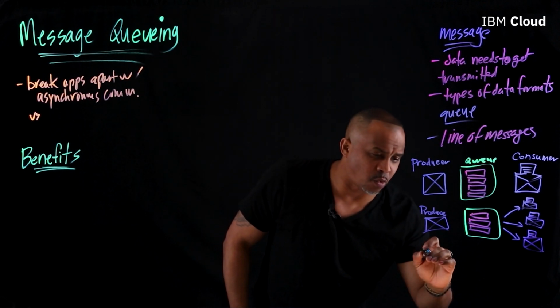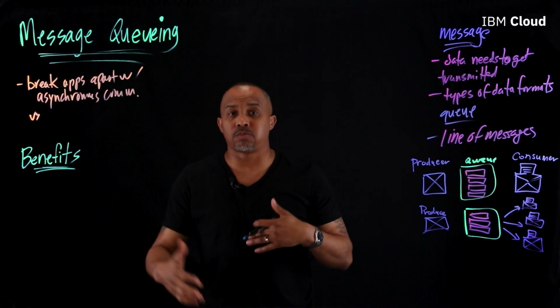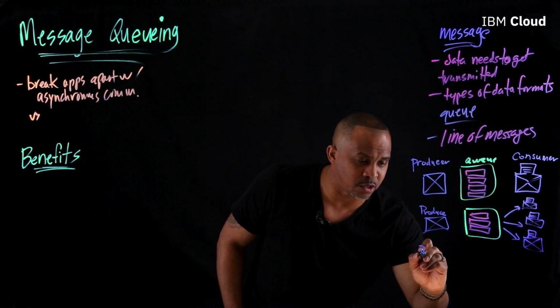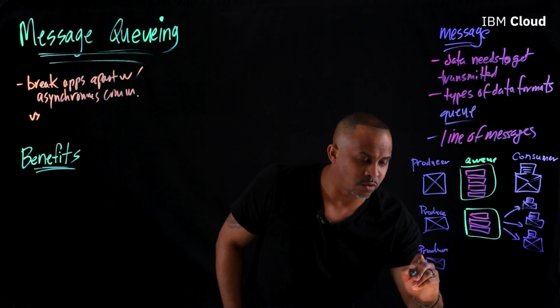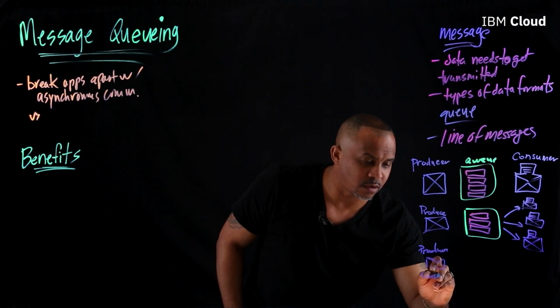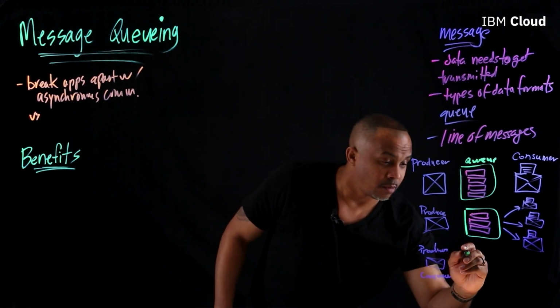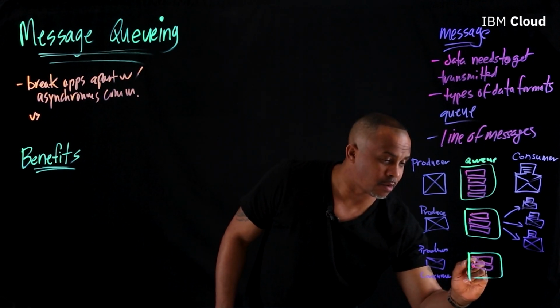And the last one I'll work through is what we like to call request-reply. It's done from the standard that you have a producer that's going to send out a message. All right, let me redraw this again really fast here. I've got messages that I'm going to put in.